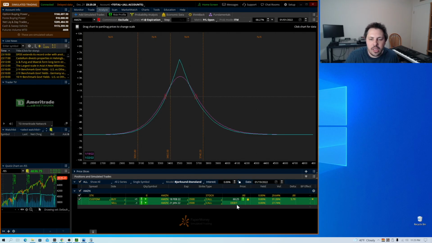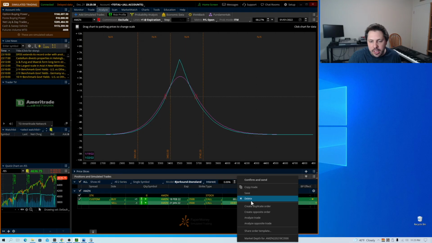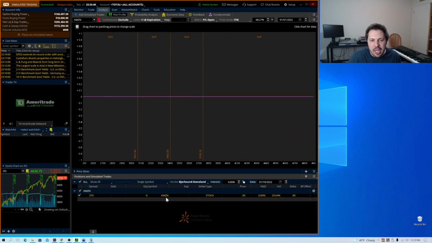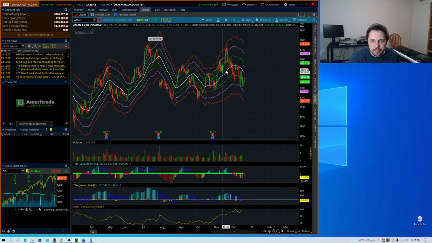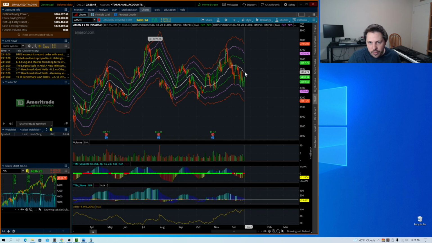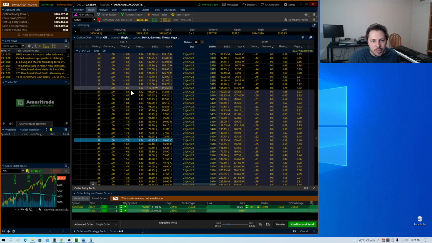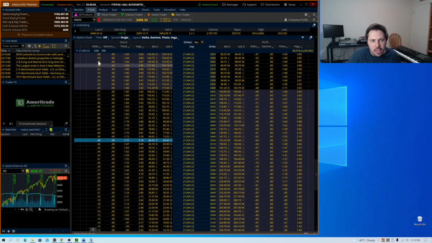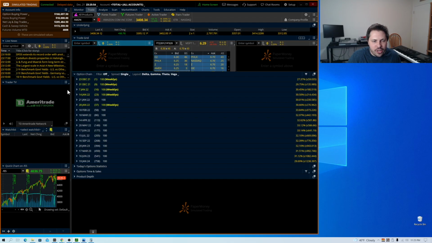Now, the reason why I love calendar spreads so much is you can make money with them as a directional play, but you can also make money with these when the market is stagnant and moving sideways, right? For instance, with Amazon, if we thought it was going to go up, we could actually do this a couple different ways.